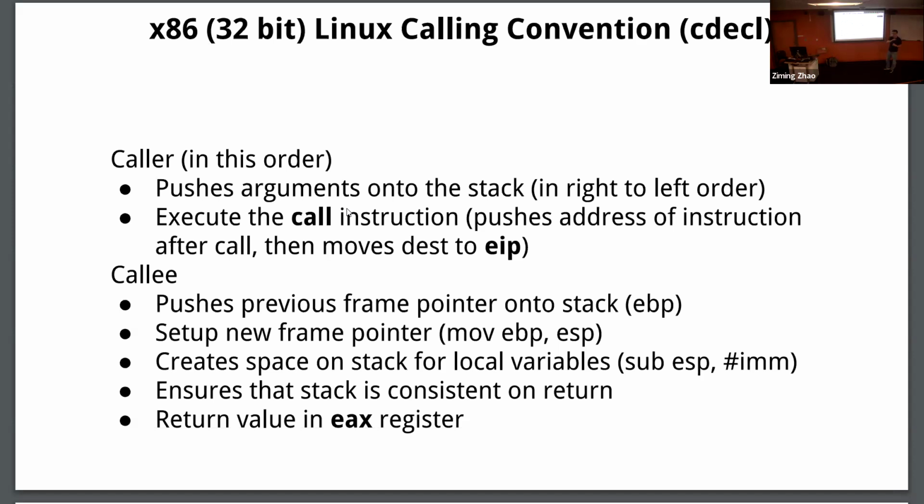Push all the arguments to the stack, but in the order that we push the rightmost parameter onto the stack first. Then we go left. If there are 6 variables, we push the 6th one first, then the 5th one, then the 4th one. After we push those onto the stack, the caller will execute the call instruction. It has those 2 steps we know. Then the callee will push the previous frame pointer onto the stack, which is the EBP. That's the instruction we saw just now, the push EBP.